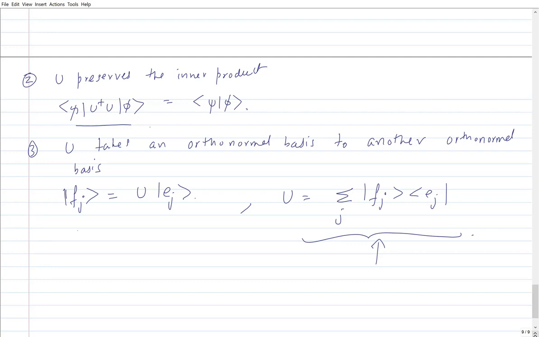Okay, so we've seen Hermitian operators, we saw unitary operators and their various properties. So let's talk about projection operators.